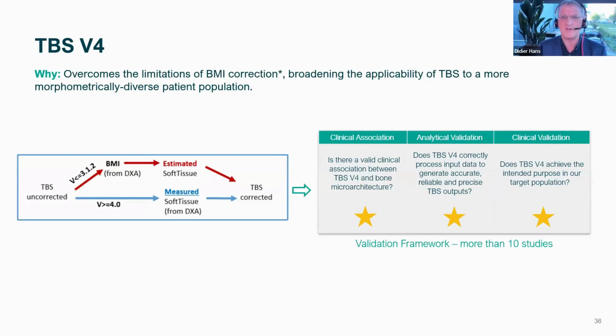There is already a very good validation, in-house and external, with more than 10 studies demonstrating that we improve the outcome of TBS, but also that there is continuity with the previous version.